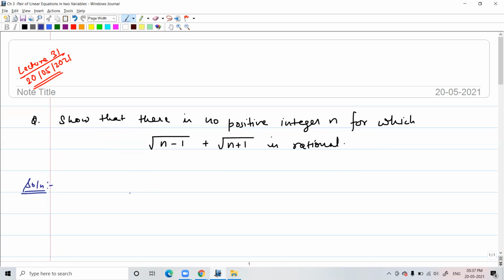Okay, so like we always do, when we have to prove that something is not rational, that is, it is irrational, it cannot be rational, then we assume the opposite, no? So we'll do the same thing here also. Let's assume that square root of n minus 1 plus square root of n plus 1 is rational.